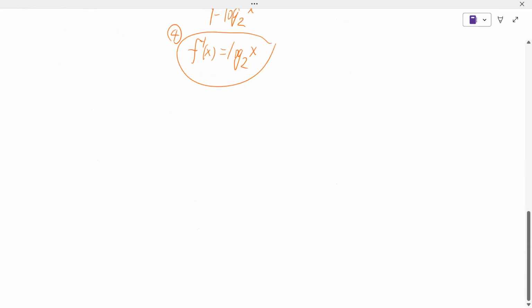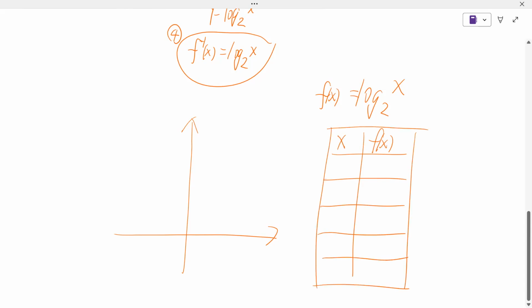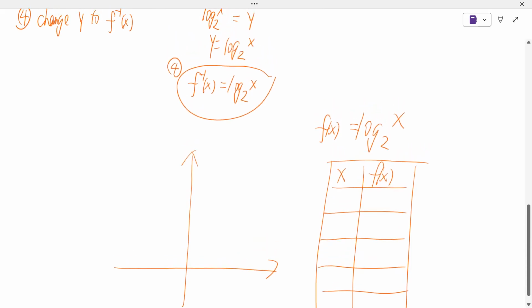So we know that what inverse means is that x becomes y and y becomes x. So if you look at f of x equal to log base 2 of x, first of all, let's learn how to graph it. We'll use 5 points one more time, x and f of x. So this time, if you look at f of x equal to 2^x, we did that earlier, right? Let's say we're using 5 points.